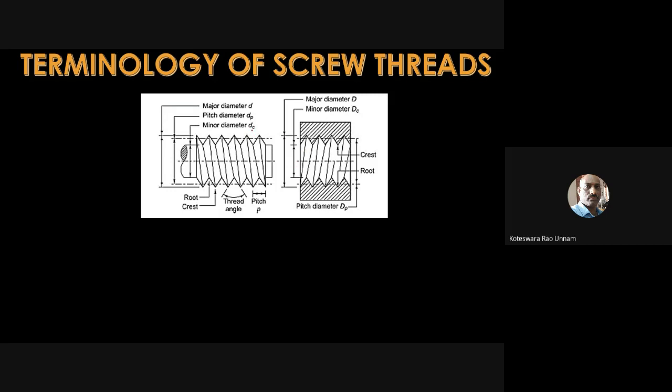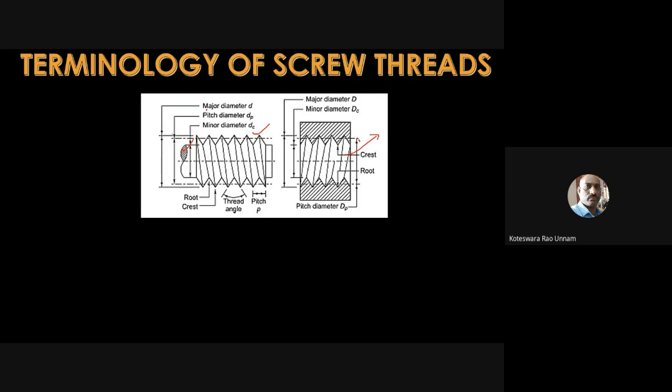You can see in the diagram, this one has external threads, so I can call it the bolt. The designation is also different for external thread and internal thread, so that's why we need to look at this terminology again. This one has internal threads, so I can say this corresponds to the nut.